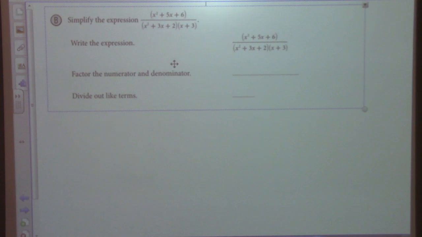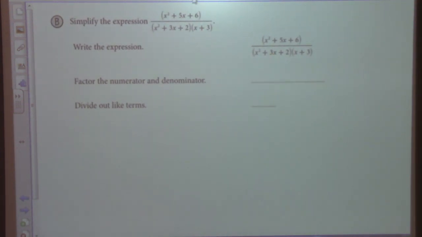Okay? So we're going to be given an example here to simplify this expression right here. In the numerator we have x squared plus 5x plus 6. In the denominator we have x squared plus 3x plus 2 times x plus 3. So now it says, write the expression, so you write it out and factor the numerator and the denominator.